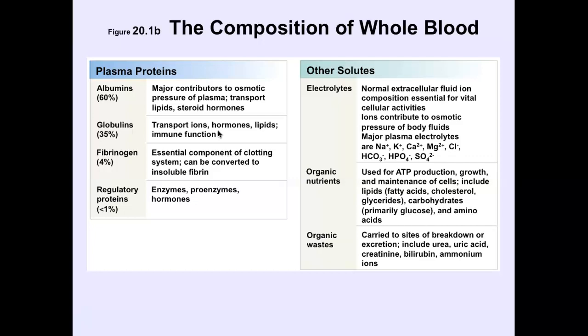Then we have fibrinogen. Fibrinogen is a factor in the clotting system, and it can be converted to the insoluble fibrin. Let me just say that fibrinogen is the inactive form of this clotting factor, and when it's activated, it's called fibrin.